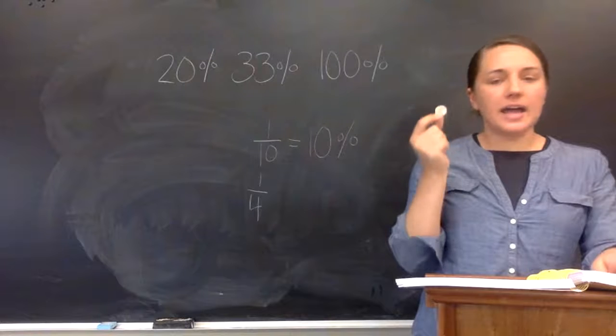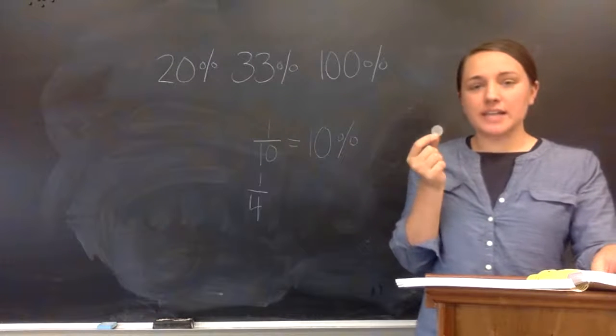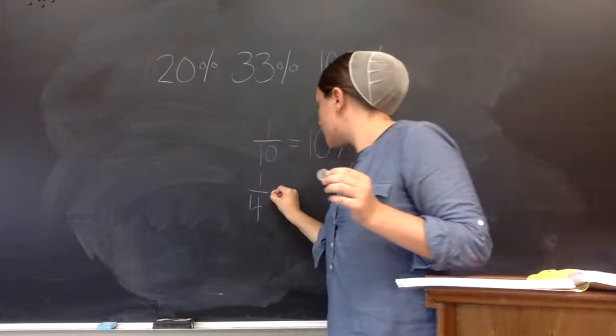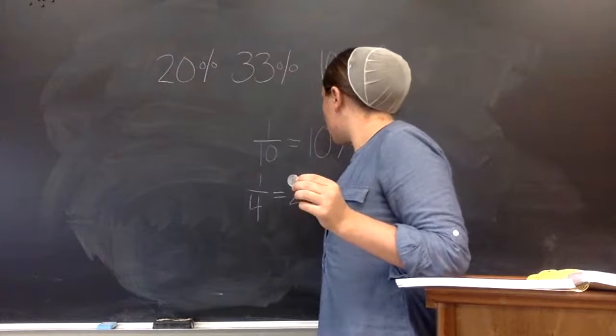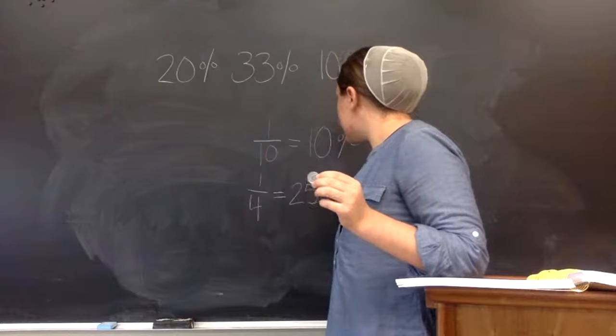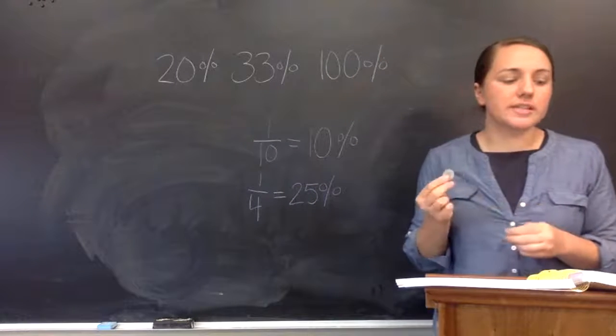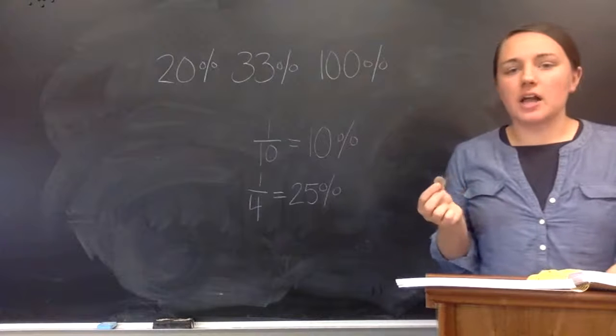Now, to say the percent that a quarter is of a dollar, we're going to say 25%. So a quarter is 1/4 of a dollar, or we could say that it is 25% of a dollar.